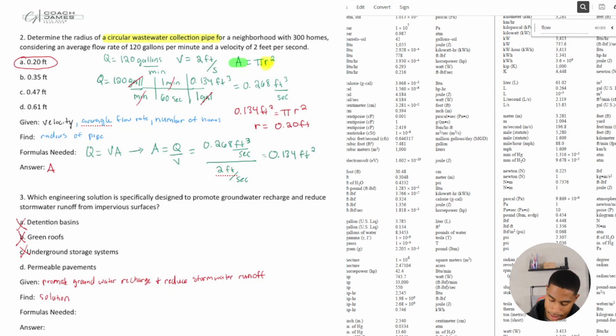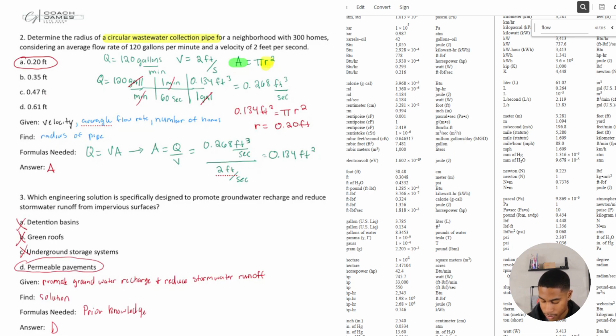So basically the water can slide right in through the pavement, recharge the groundwater, and it also reduces the amount of water that's running off. So the answer is D.